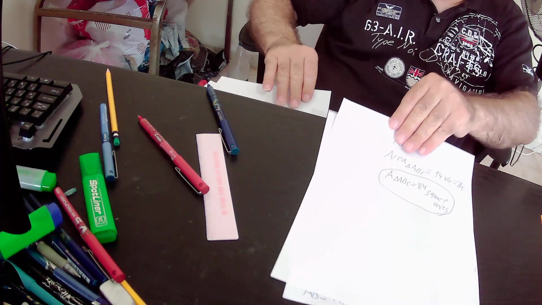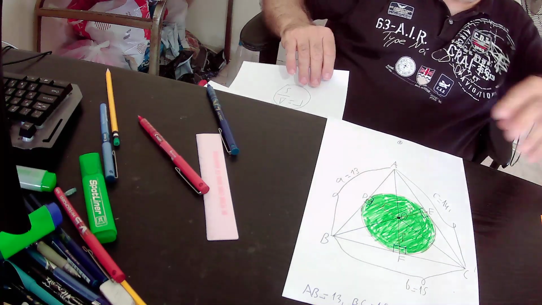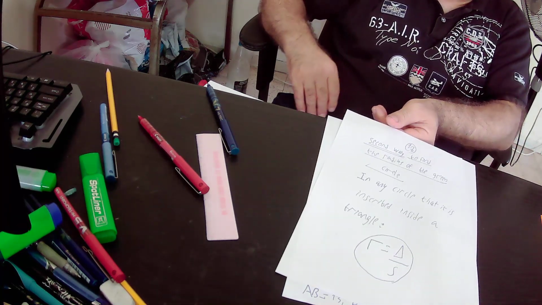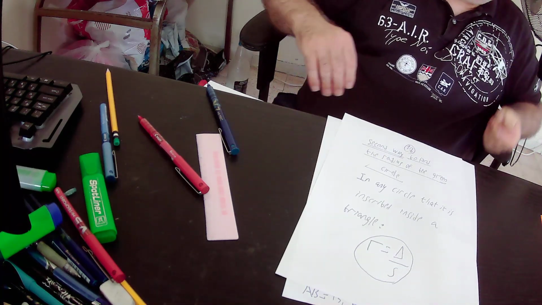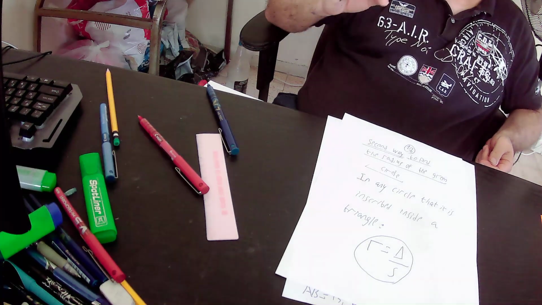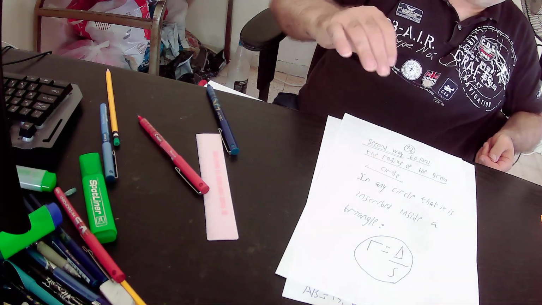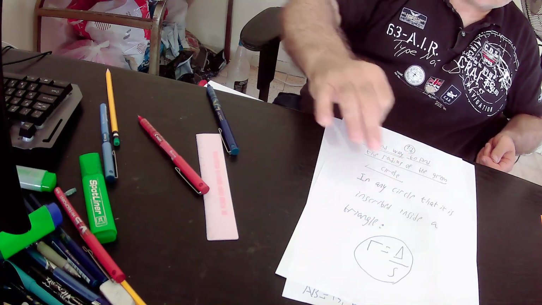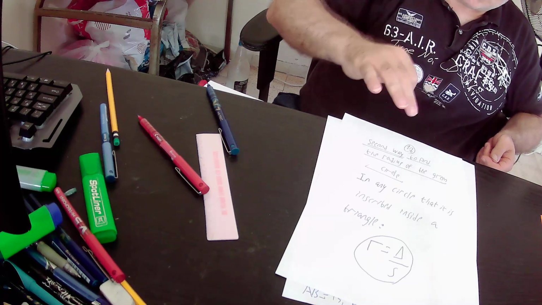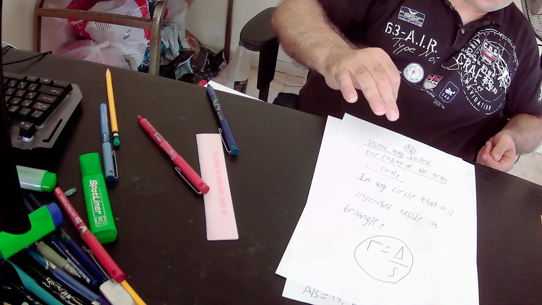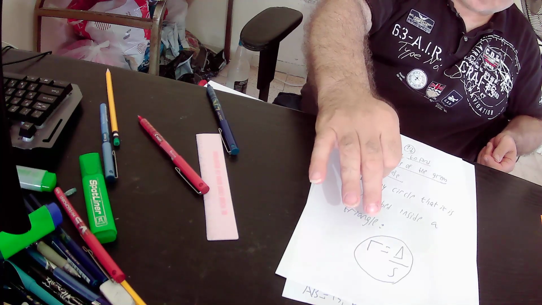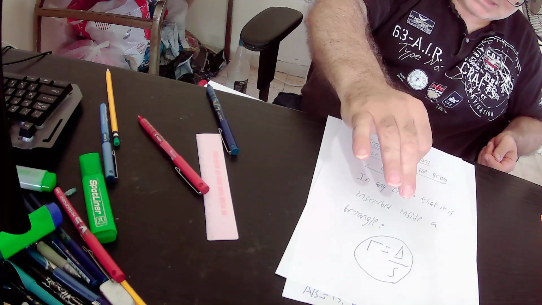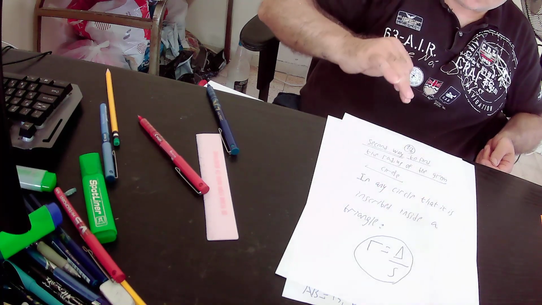Then we found the radius of this green circle. In any circle that is inscribed inside a triangle, this formula is true. We can use this formula in any circle that is inscribed inside a triangle. This formula states that the radius of that circle will be equal to the area of the triangle that contains the circle over the semi-perimeter of the triangle.